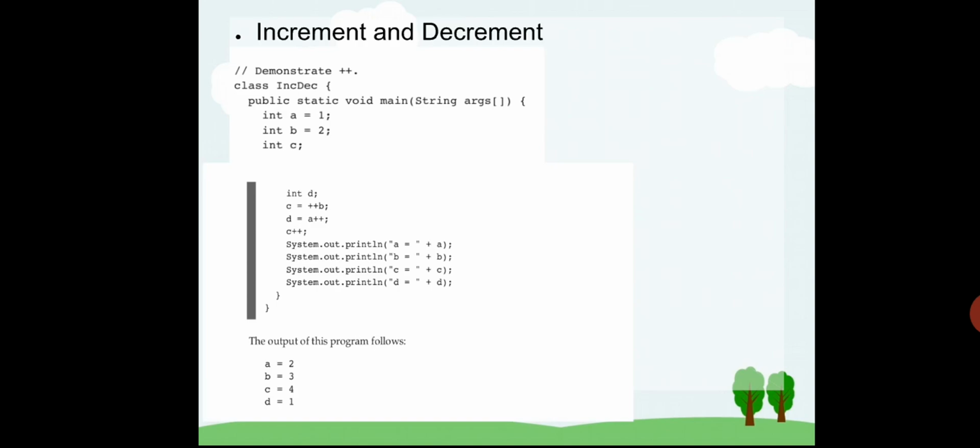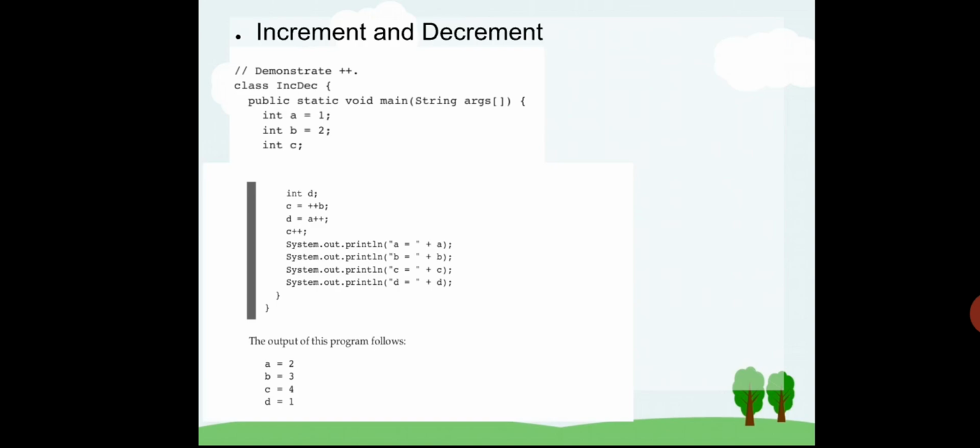And what about b? Are you incrementing or decrementing anything on b? Definitely you are incrementing the value of b. So initially b was 2 and you are incrementing the b value with 1 plus b. You are doing ++b in that instruction. Can you see? c = ++b. So obviously your value gets incremented by 1. So what about c? Why is c 4? Because for c, we did not even initialize any value.